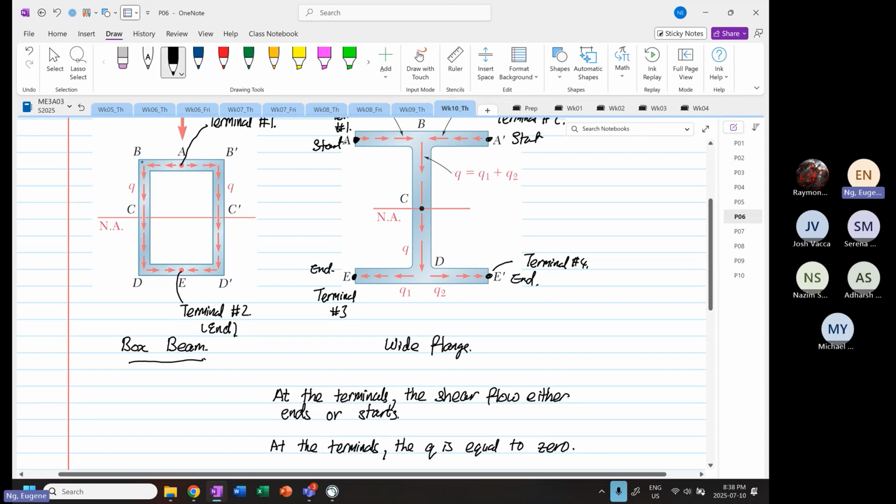This thing that starts from the top, highlighted in yellow, and ends at the bottom, we call the major web.